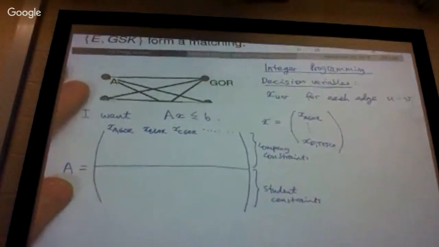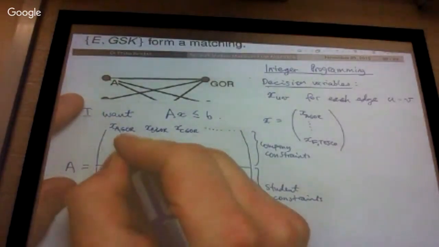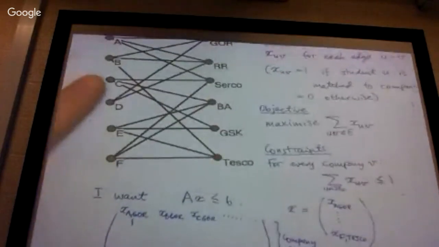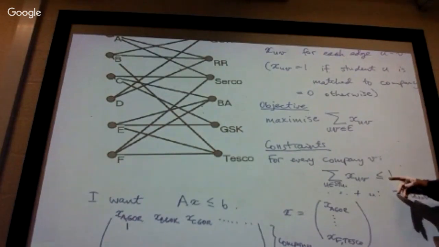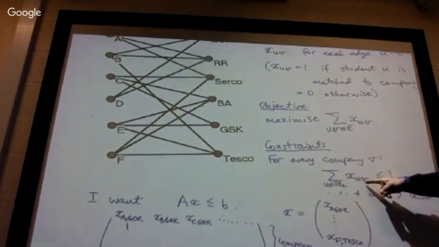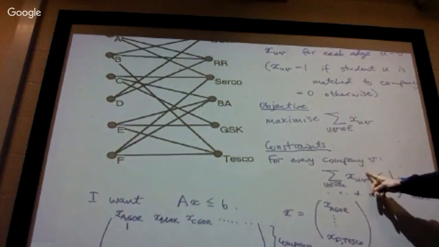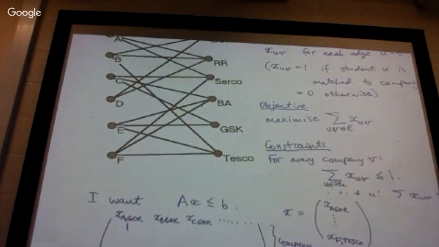Now what happens is, the first constraint, for the first company, tells me what? I look at all the decision variables that involve a student and that fixed company, Go, and I put them with coefficient 1, and all the others don't appear in the constraint, so they have a coefficient of 0.